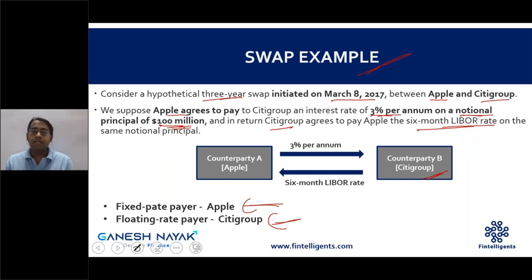What does that mean? That means in this swap you're making the fixed percentage payment at every set time. Now we'll take this example of a swap to the next level, and go into detail through the questions.